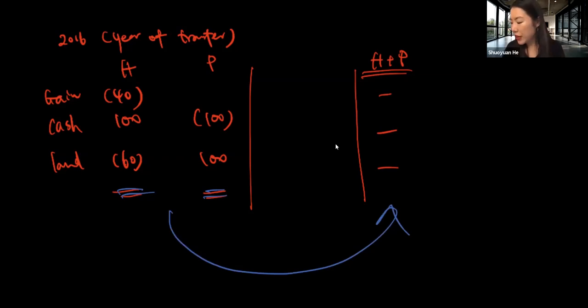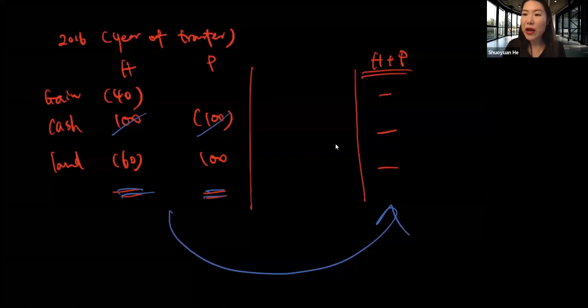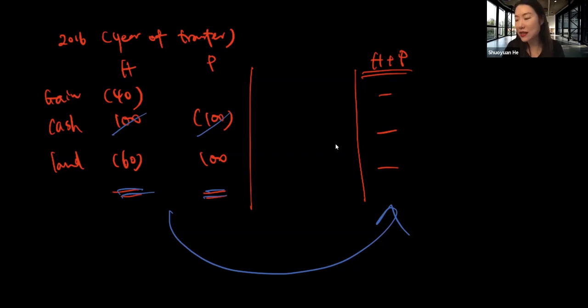So what do we do here? Cash actually, Hastings gets 100,000, which is paid by Patrick. If you look at two firms as one firm, no cash goes out or comes in. So cash is correctly stated. There's nothing we need to do with regard to cash.